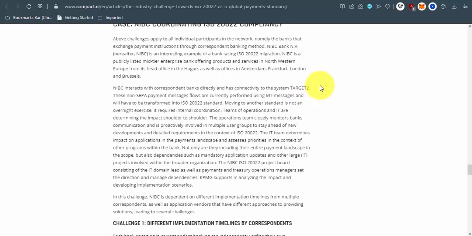Exactly what I was telling you guys and showing you guys in my previous videos with some of the diagrams: how correspondent banking works, how this system for settlement is going to use correspondent banking, and how the RTGS system, in the case of Europe TARGET2, is going to use correspondent banking for settlement.